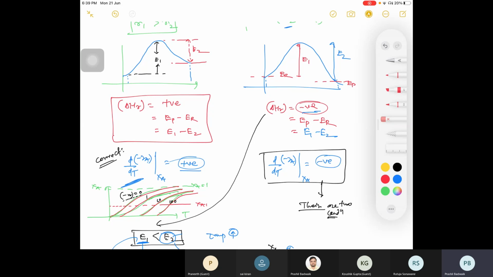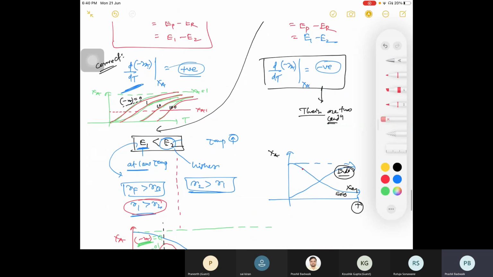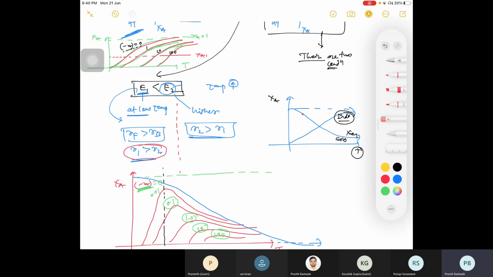So your E2 will be more dominating in that case. It should be, but here we are getting a curve that is increasing. And in this case, what was happening? First your E1 will be more dominating, and then your E2 will dominate over it, and overall you will get this kind of curve.